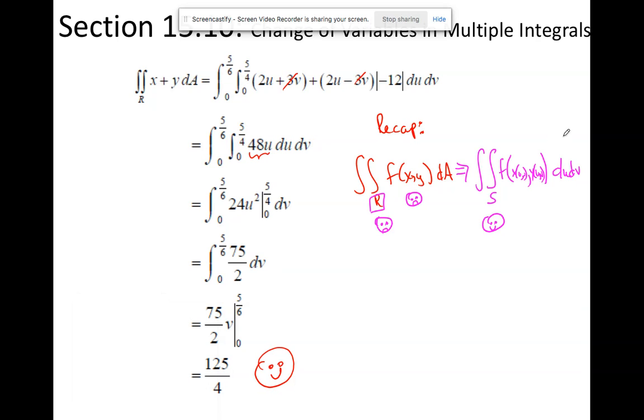But in order to transform that area, I need the scalar to transform the area of that parallelogram into the area of the square. And the price to pay is the Jacobian. And remember, the Jacobian comes from determinant work of partials.